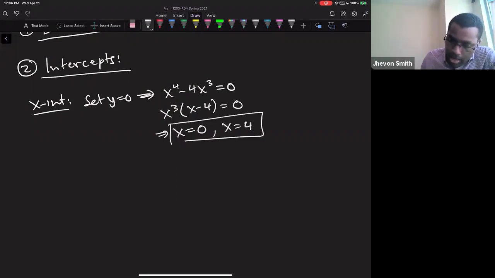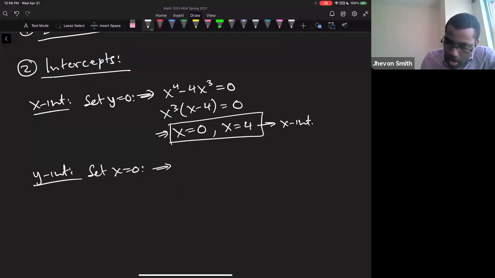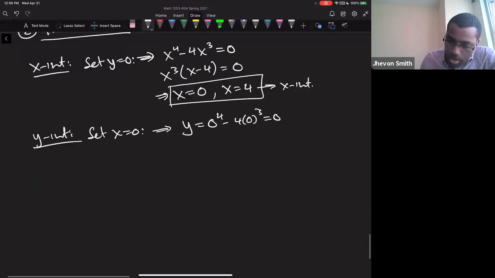And these guys here are your x-intercepts. Y-intercepts, you set x equals 0. This would mean that y equals 0 to the fourth minus 4 times 0 cubed equals 0. And so that means y equals 0 is your y-intercept.